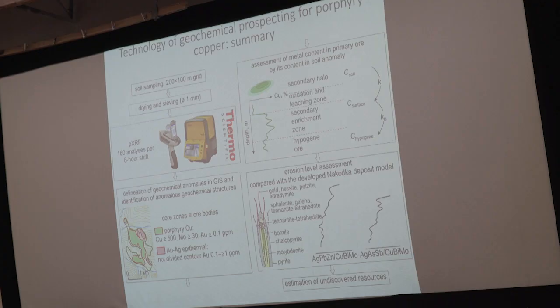And here is my last slide, summarizing the technology of geochemical prospection of porphyry copper with the use of portable XRF. I repeat it briefly. We collect samples within an optimal grid of 200 by 100 meters. After simple sample preparation comprised of drying and sieving of the material, we run the XRF.